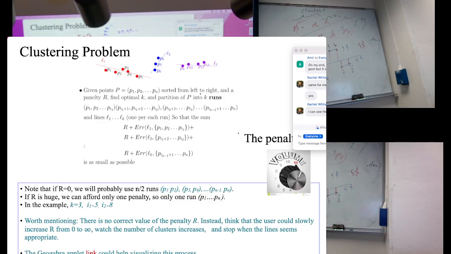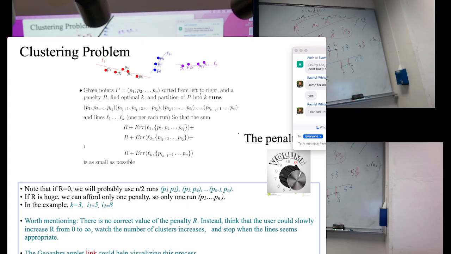If my run ends at P5, then the next point will be P6. That's where a new run starts. I need to decide for P6 which other points will be in the same run, the same cluster. Find the best line that fits these points, L2, for the run with these points.